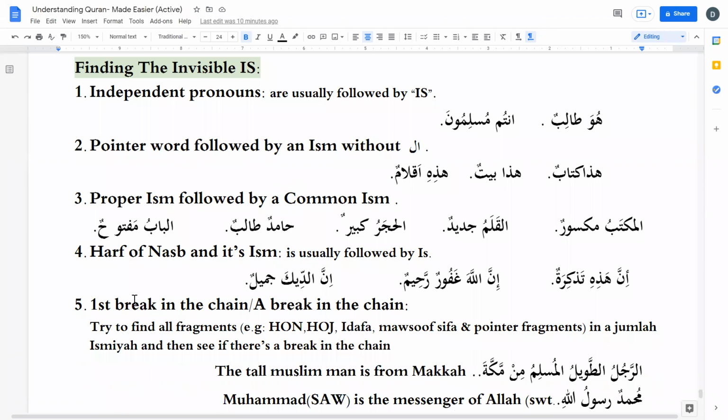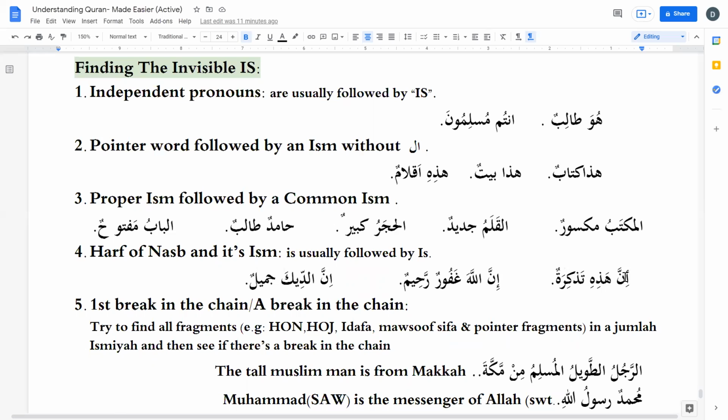that harf of nasb and its ism is usually followed by "is". Like inna hadhihi tazkira. Indeed, this is a reminder. So inna is harf of nasb, hazihi is isme ishara. What's the status of this hazihi?